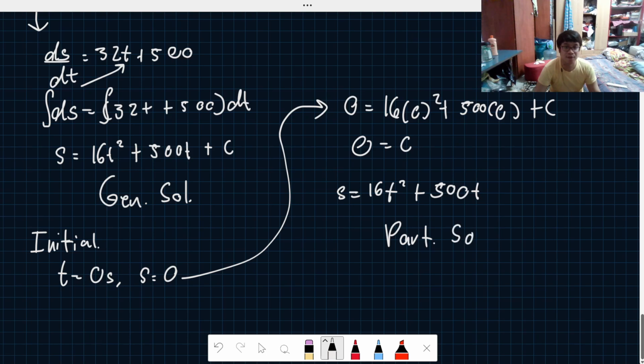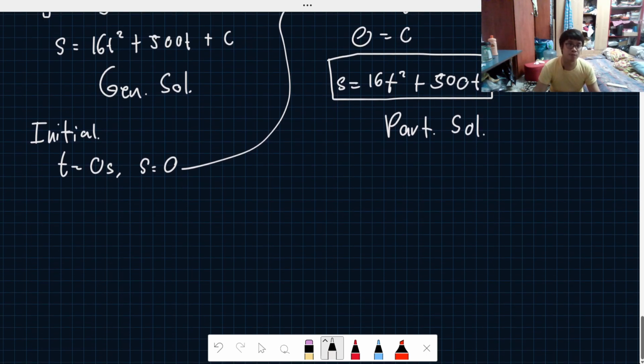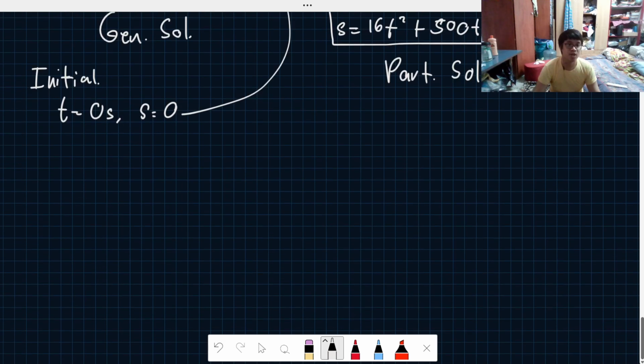And now that you have found your formula for your displacement, which is 16t squared plus 500t, we can use that in solving the problem, which is the time required for the body to reach the ground. So the body reaches 1,000 feet.